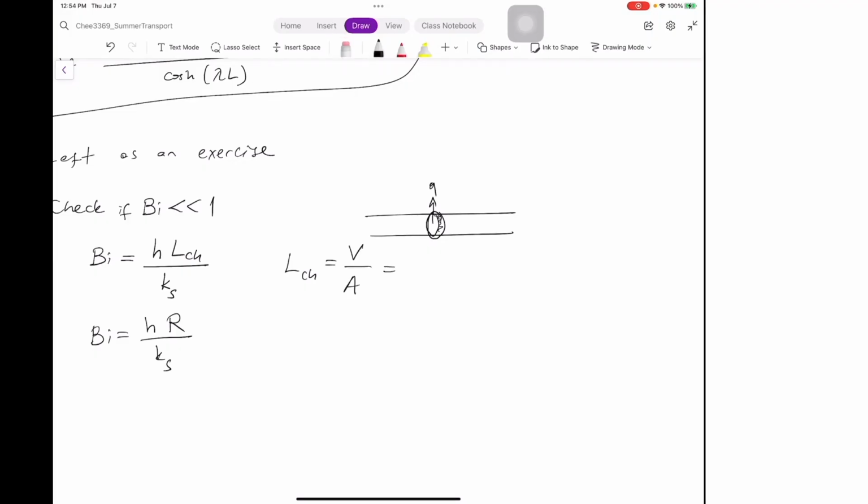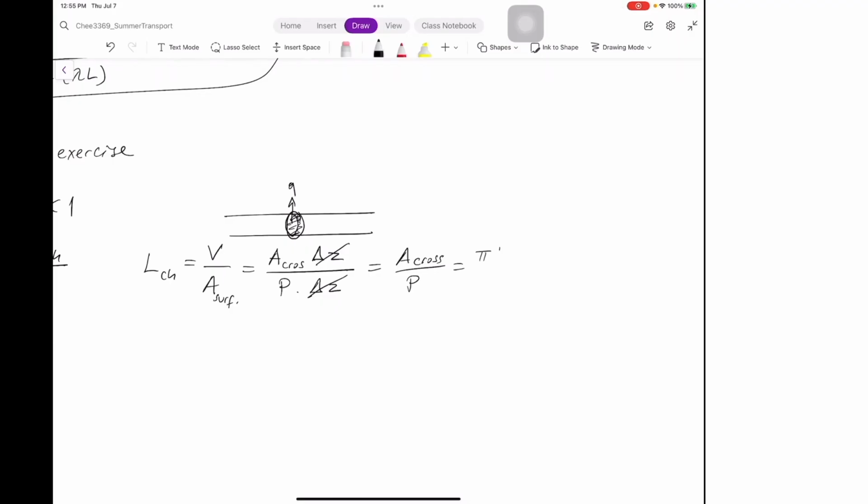But the volume of this shell is the cross-sectional area times the delta z, and the surface area is the perimeter times the delta z. So you can say, let me take the cross-sectional area divided by the perimeter, which is πr² divided by 2πr, which gives you r over 2. So you can also take r over 2.